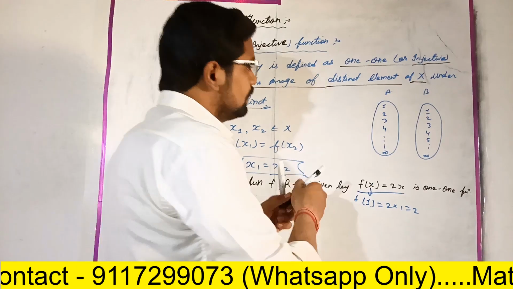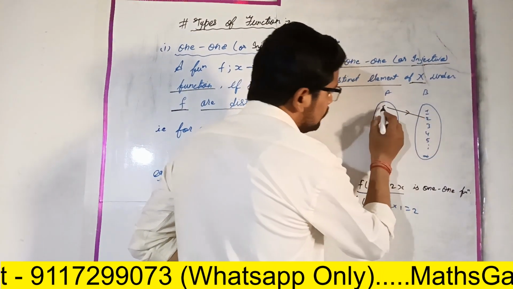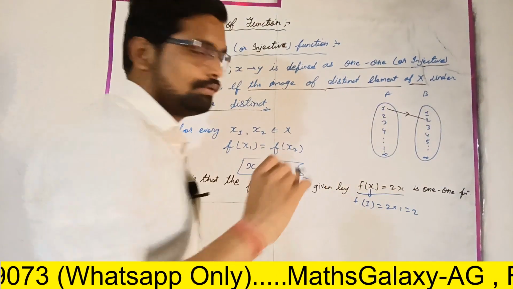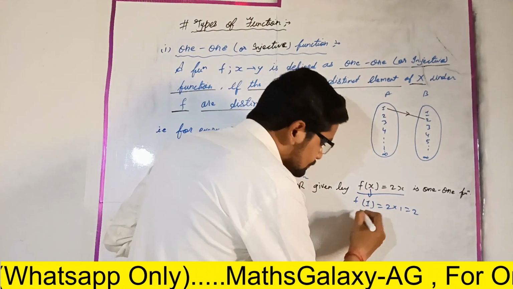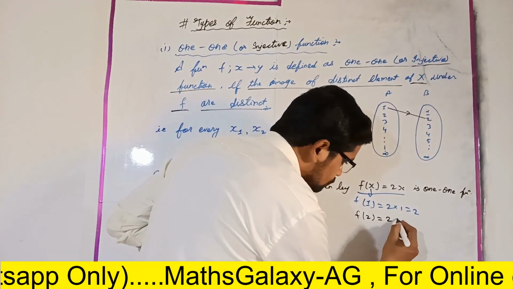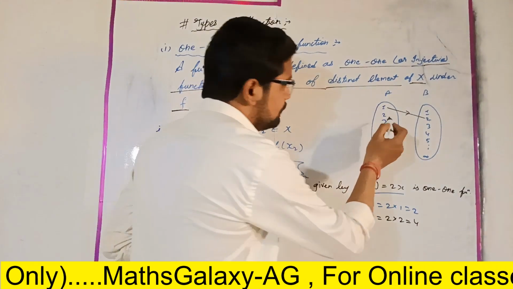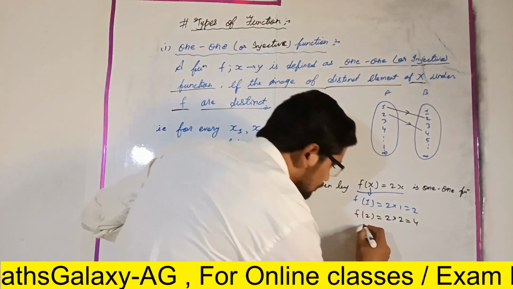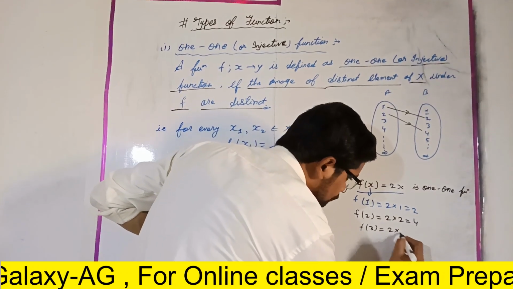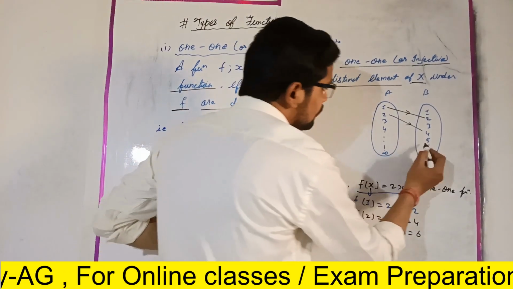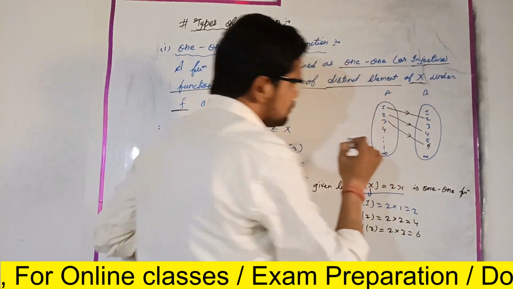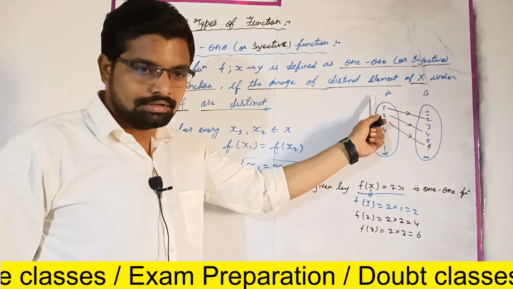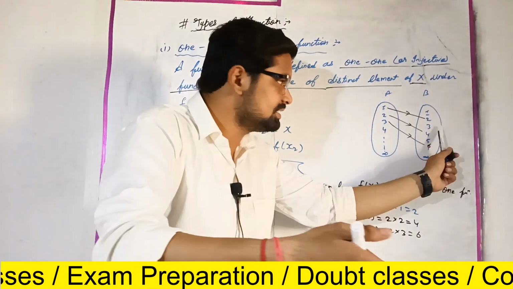Means for the element 1 of set A, the image will be 2 of set B. When x is 2, f(2) will be 2 into 2, that is 4. When x is 3, it will be 2 into 3, that is 6. Similarly we can do this for all elements of set A, and we will get a unique image in set B.